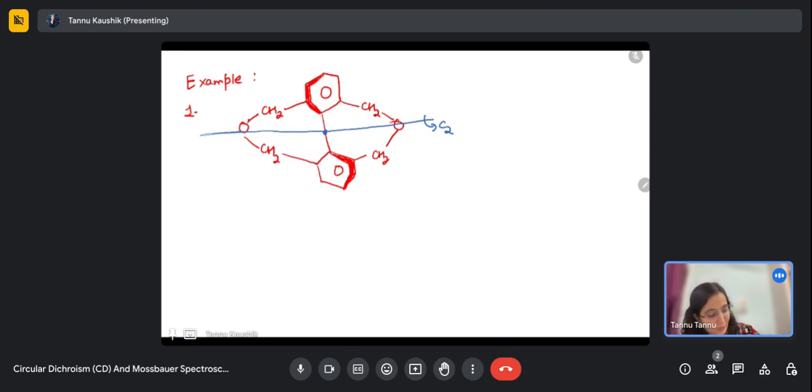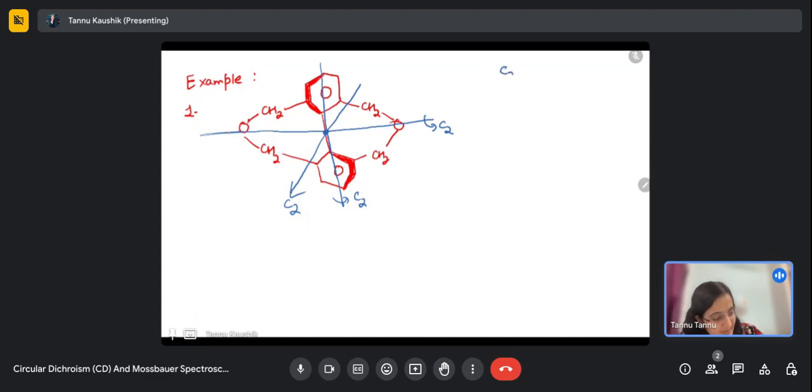and also we have a C2 axis perpendicular to this. So now, also we have a C2 axis coming out of plane.